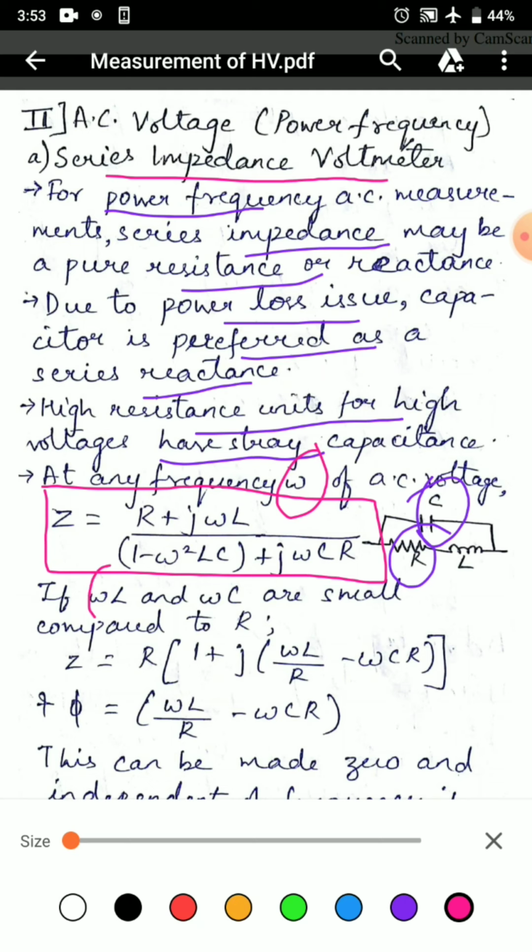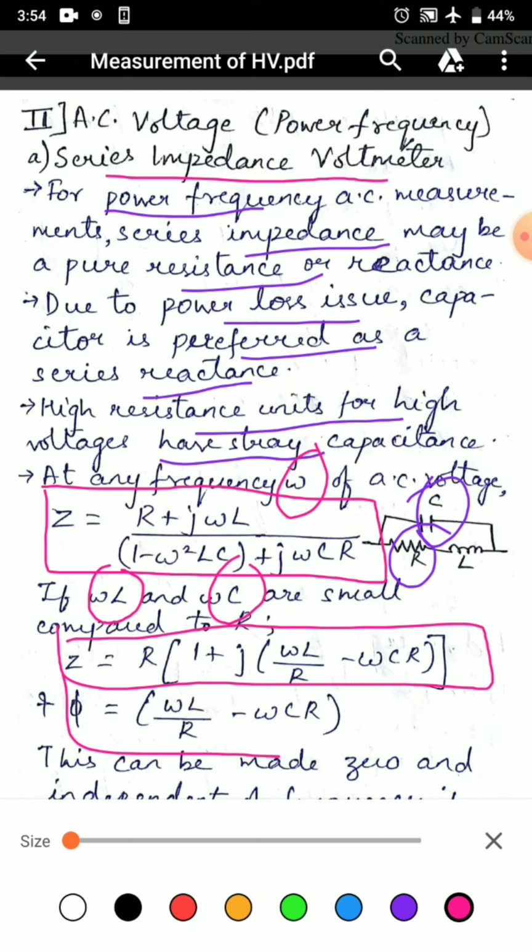If omega L and omega C are small as compared to R, then Z is equal to R into (1 plus j into (omega L upon R minus omega CR)), and phase angle phi is equal to omega L by R minus omega CR.